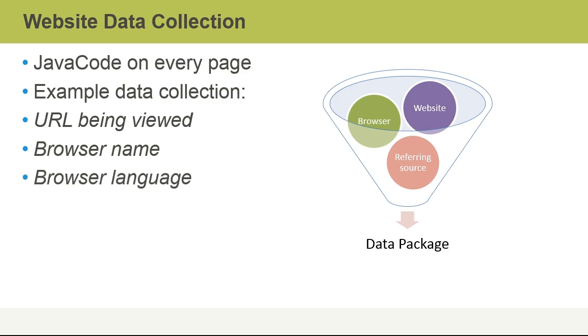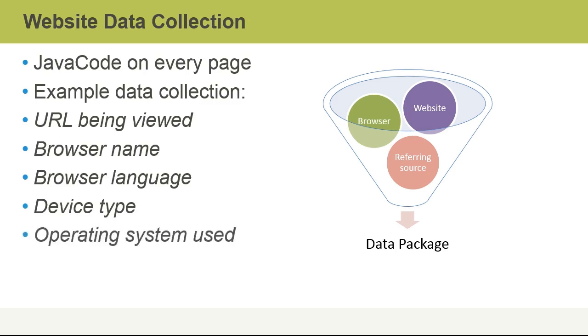Data collection can be done from your website, from mobile apps, kiosks, point-of-sale systems, and other sources as well. To track website data, Google Analytics uses a small piece of JavaScript code on each page of the website.